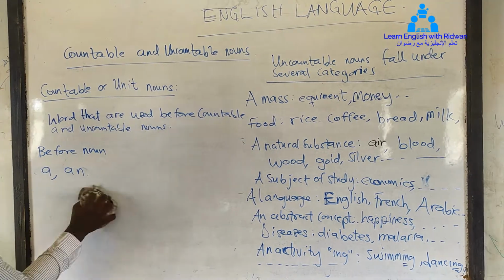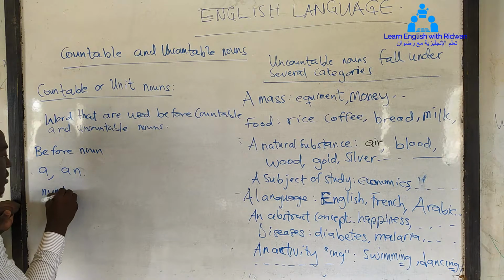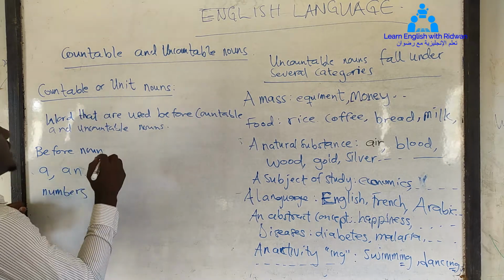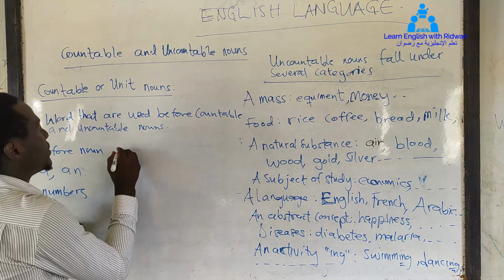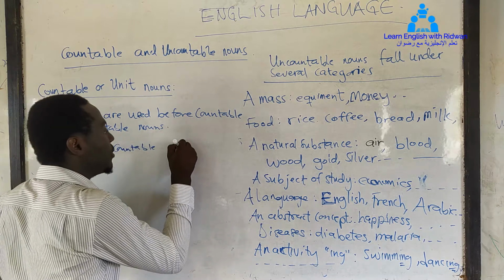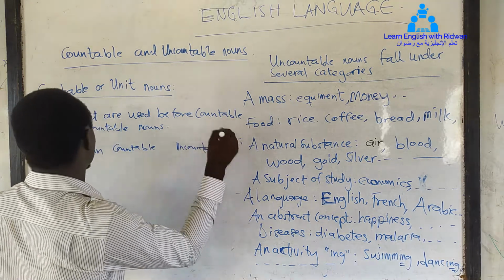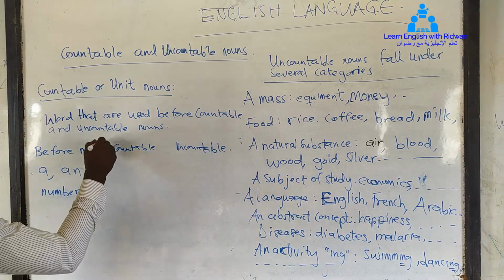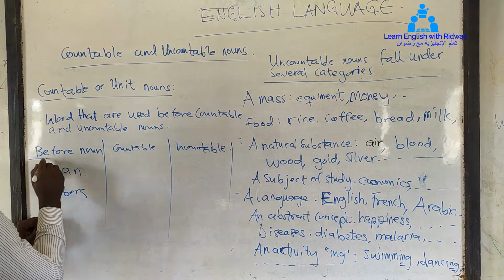Let me make it very close. There's no space on the board. So we have numbers. Let's say here we have countable nouns. Let's represent it by C. So we have countable, uncountable, right?